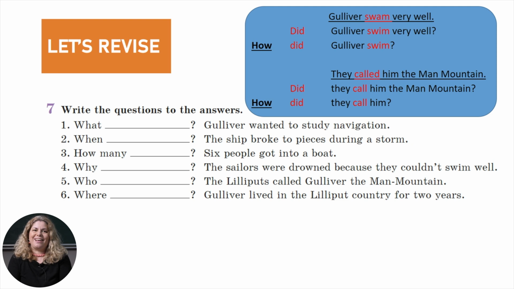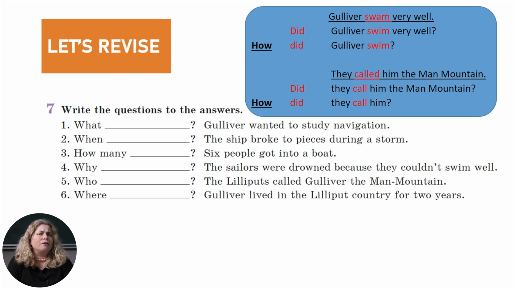Did helps us to make the questions, and it also takes the function of the tense, which means it takes the past simple upon itself. So we have, did Gulliver swim very well? Swim didn't have to carry that load.